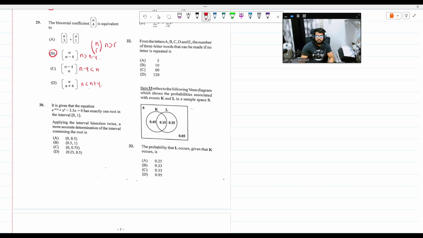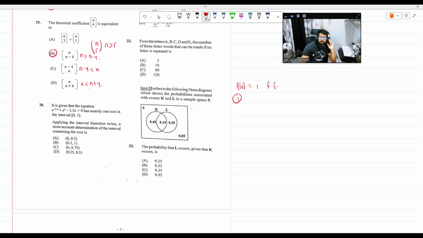So our first bisection is going to be half of 0 and 1. We have to get what f of 0 is. f of 0 is 1.